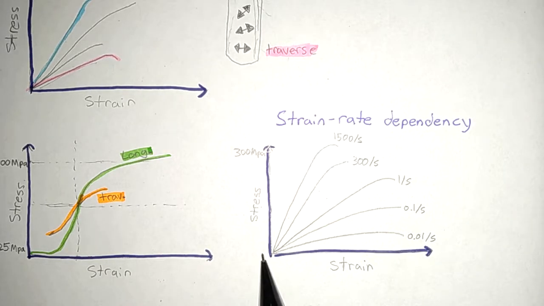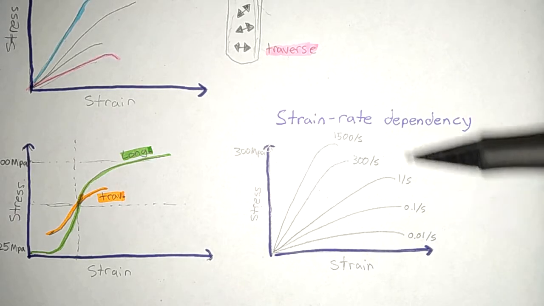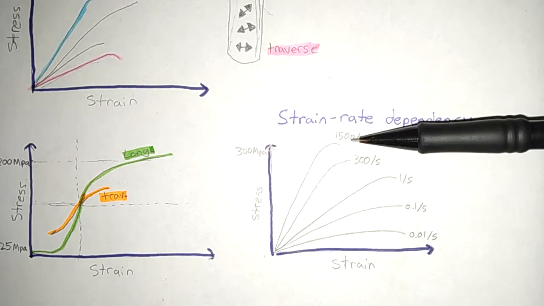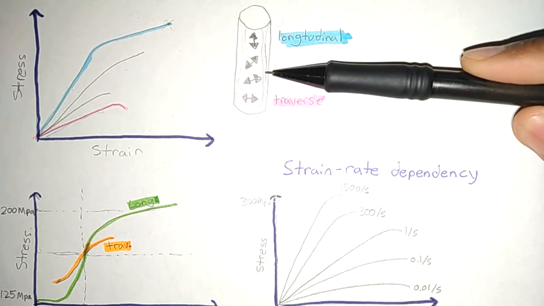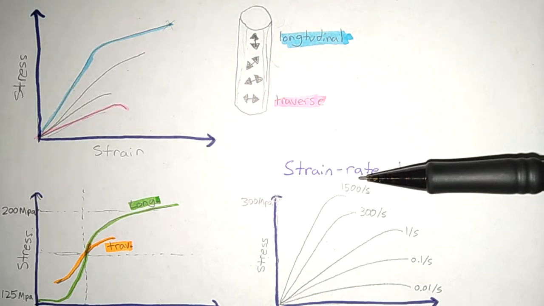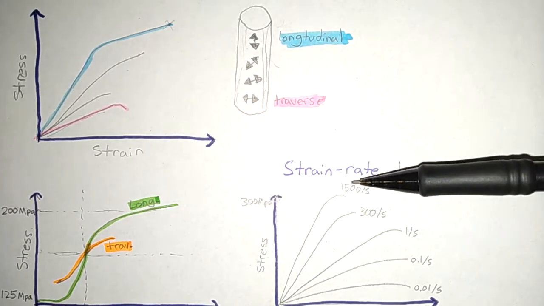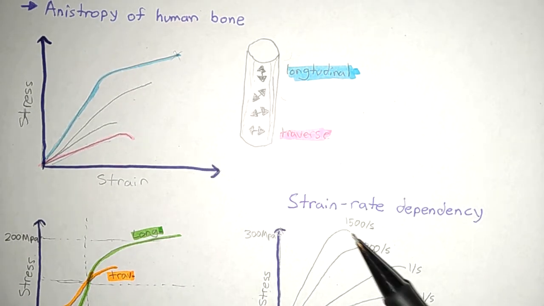I didn't put an axis over here because I didn't have the exact values, but regardless, we can see that if we strain this bone at a very fast speed, in other words, 1,000 times a second, then this bone will be able to withstand a lot more force initially.